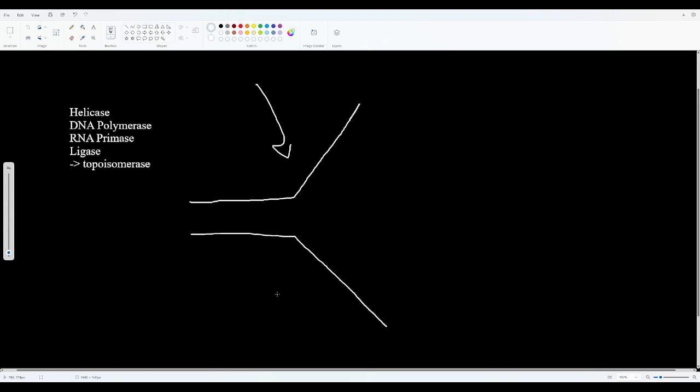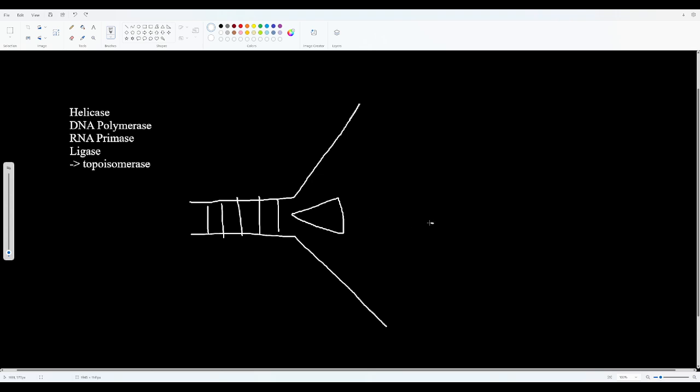That's one strand of DNA, that's another strand of DNA. So let me draw in some bases. We're unzipping the DNA with the helicase, right? I like to draw the helicase as a triangle.